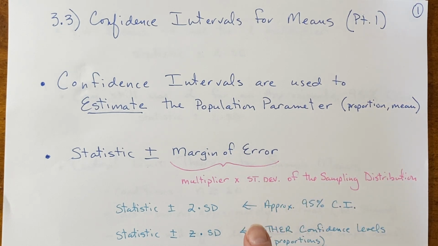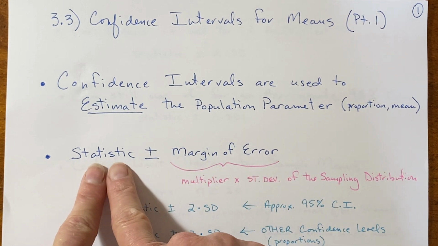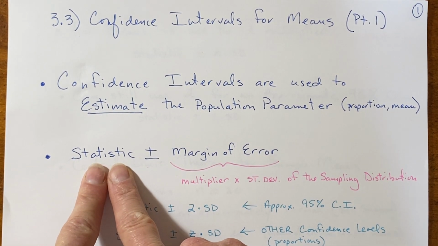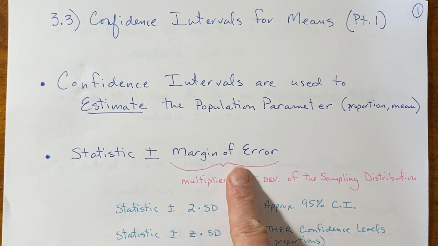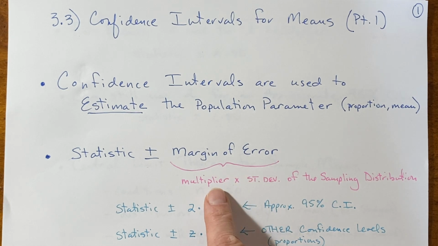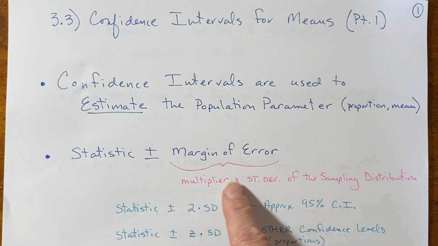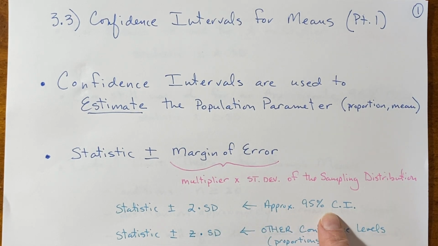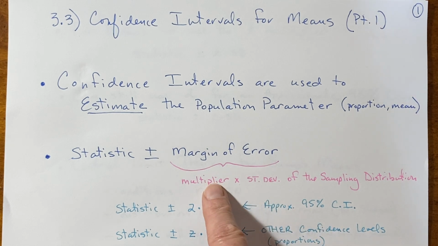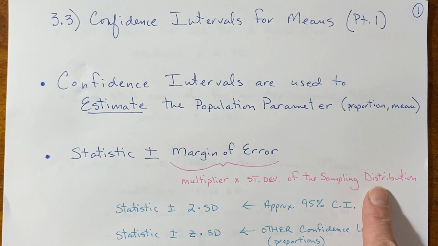Not a whole lot of difference in the way that we construct the confidence interval. We take our sample statistic, and we add and subtract the margin of error to create an interval of values. This was the shortcut where we build that interval by taking a multiplier, 2 being the usual one to approximate a 95% confidence interval, times the standard deviation of the sampling distribution.